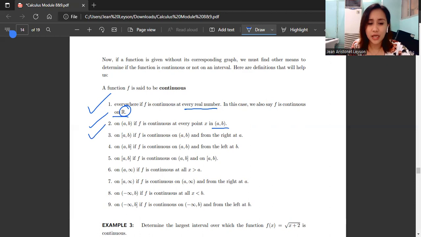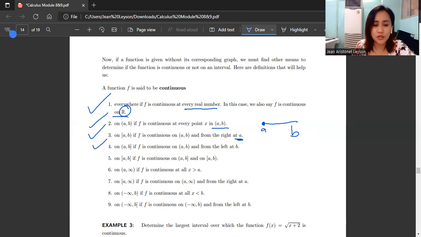Number 3, on [a, b), here a is included, that's closed on a, if the function is continuous on (a, b) and from the right at a. Meaning, if this is a and this is b, it should be continuous going there, but a is included.